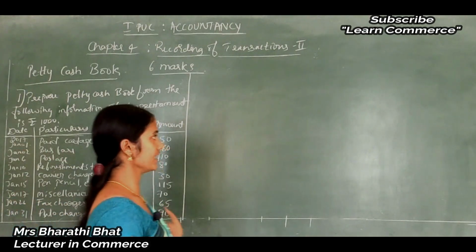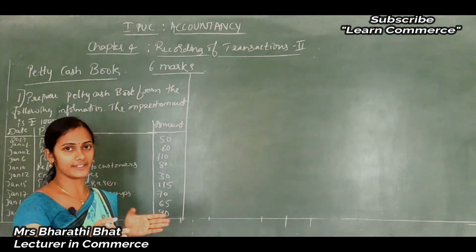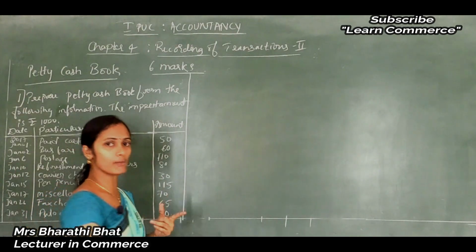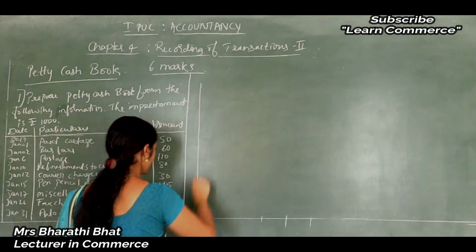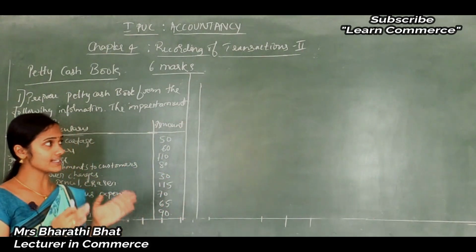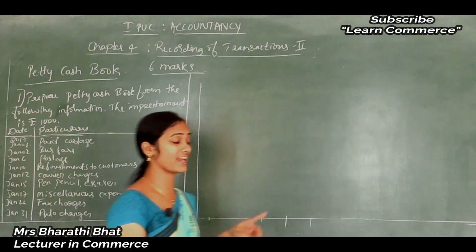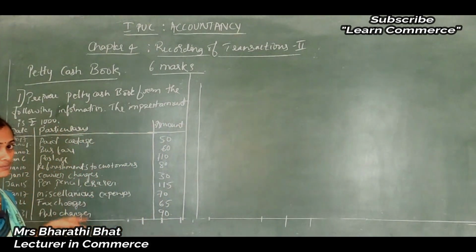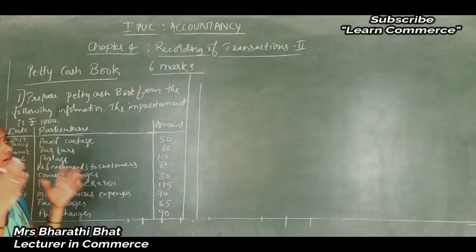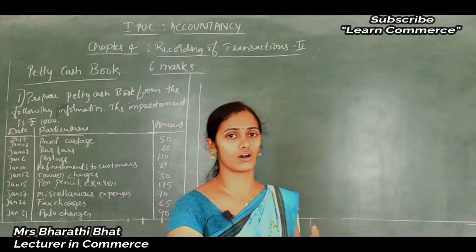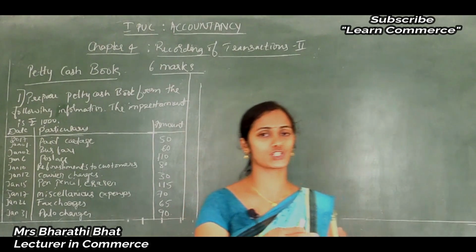Okay, let's see how we can prepare the petty cash book based on this information. We know the format of petty cash book. I told you that in the analysis of payments, we can draw the columns based on these transactions. We need not draw many columns like postage, telephone, or printing and stationery, or cartage and coolie.